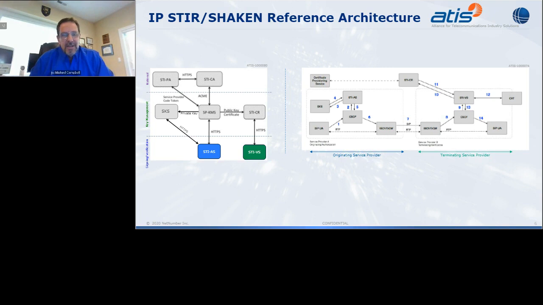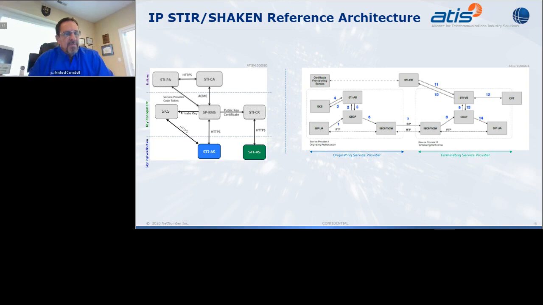If that's the case, then it decodes the signature for the call, and if the originating carrier had a valid certificate and the signature decodes all right, then it will withdraw the attestation from that signature and use it to drive the display. So the really important thing there, I think, perhaps, is that the right to play this game is controlled by certificates that are delivered by the national level.